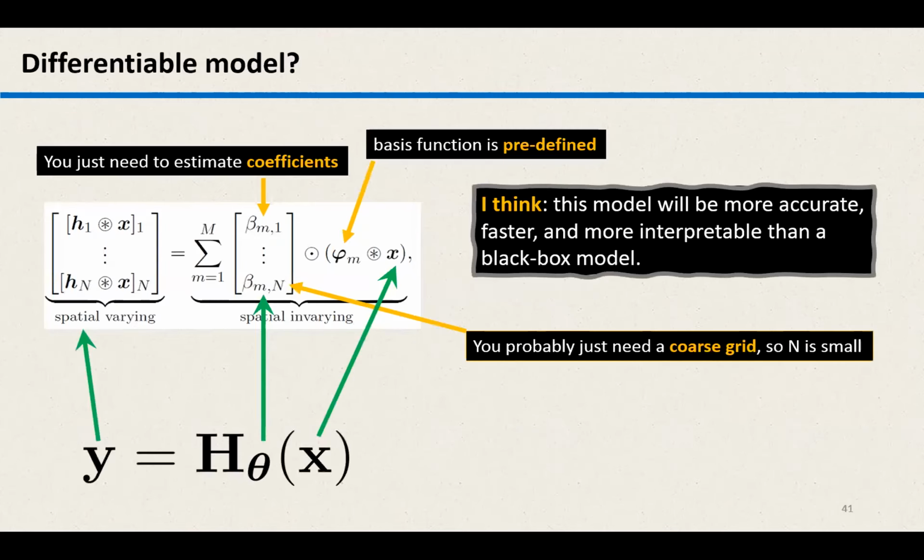Let me wrap up by telling you some ongoing work, and then I'll take some questions. One of the very important things that we have been looking at is this forward model, this H theta. Is it now a differentiable model? What is the form right now?